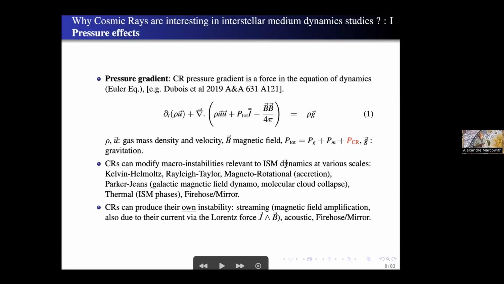But on top of that, cosmic rays, because they carry a lot of pressure, can create their own instability. We will come back to that. This is the streaming instability, a very important instability linked to cosmic rays. They can also produce some other type of instability because they can carry a lot of current. So through the J cross B force, they can create, in fact, magnetic field.